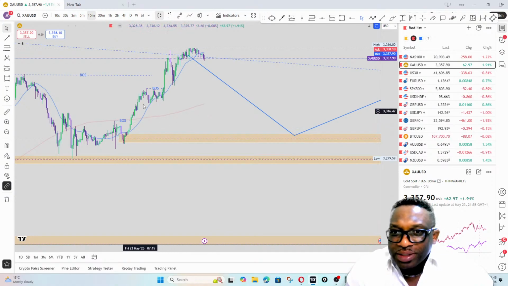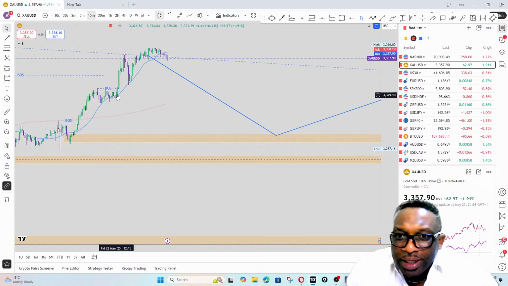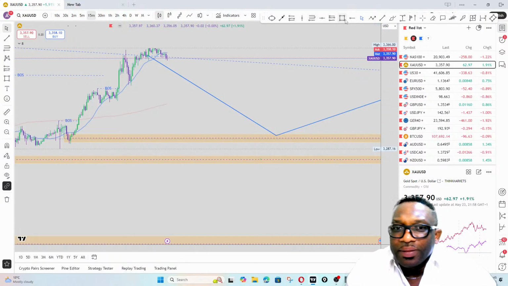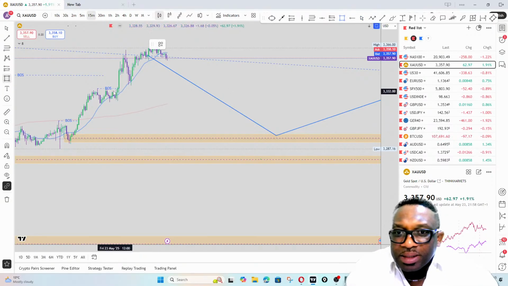It's a break of structure here, a break of structure here. So with this current break of structure, we just have to mark the area of demand. That is the last candle before the impulse move.